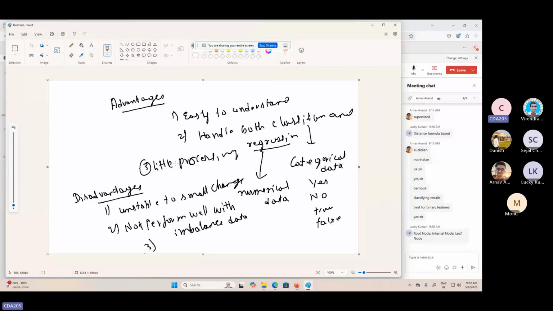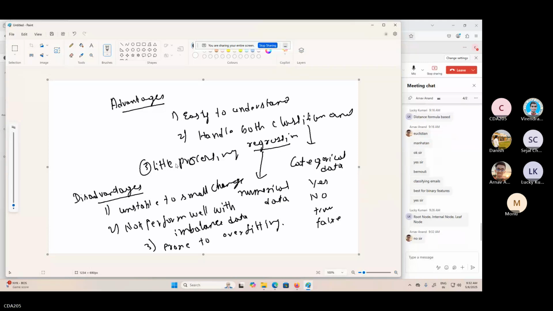And third, it is prone to overfitting. These are the disadvantages of the decision tree. Any doubts?